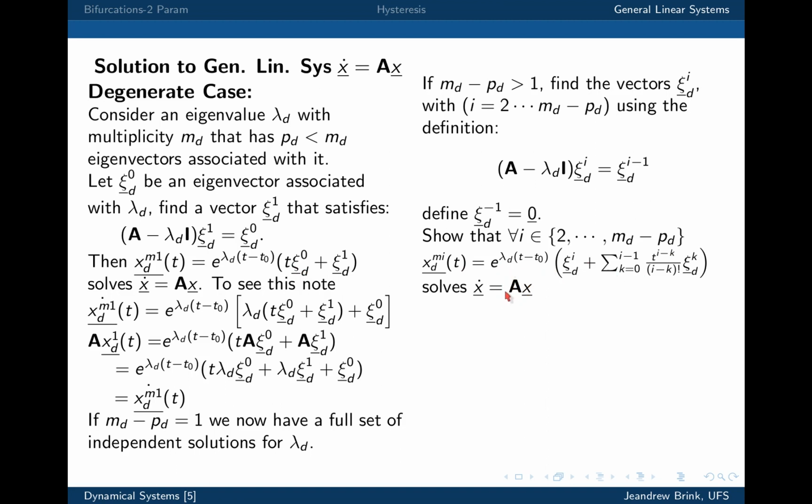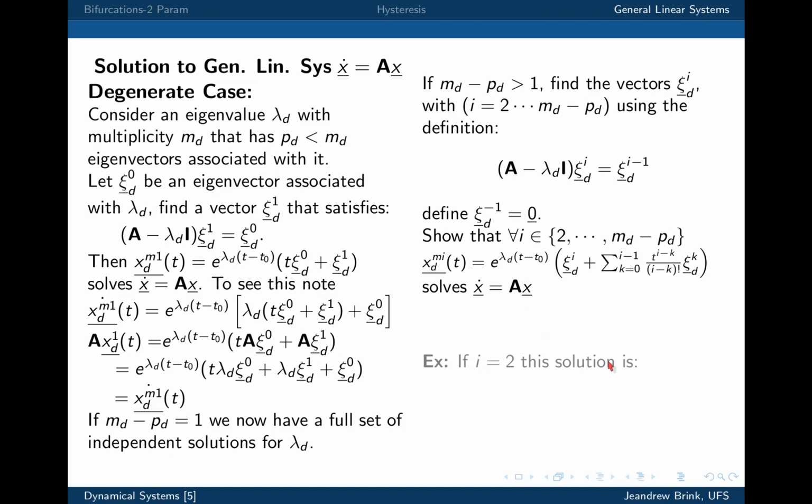It's exactly the same way that we proved this one: you simply differentiate this thing using the derivatives of t over here, multiply it by this matrix, and repeatedly apply the definition of your eigenvalues, and you can prove that it solves it. But I don't think I'm going to do that because it's going to put everybody to sleep, more so than you already are. Actually, you're not all asleep, so it's fine.